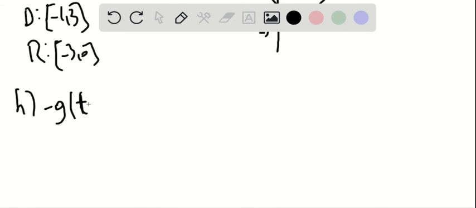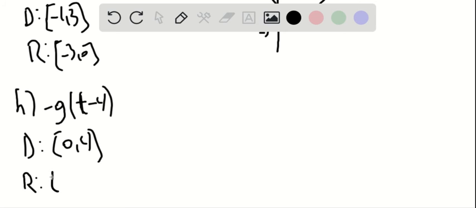The domain here is going to be 0 to 4, and the range is 0 to 3. So what's happening here?